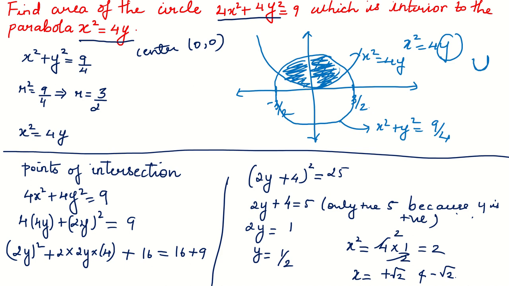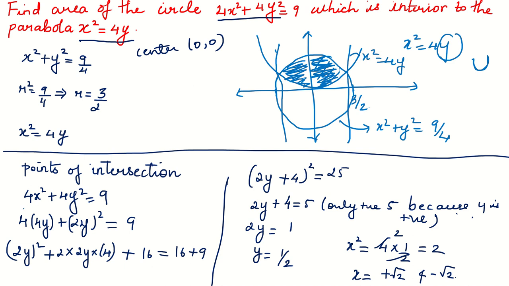That is what we are going to do, but before that we need to find the point of intersection so that we can integrate it properly. This point and this point.